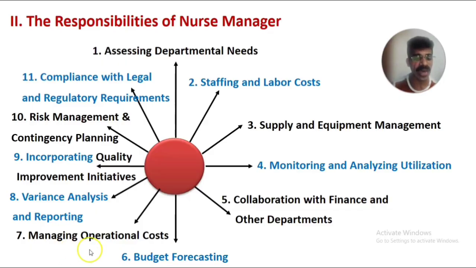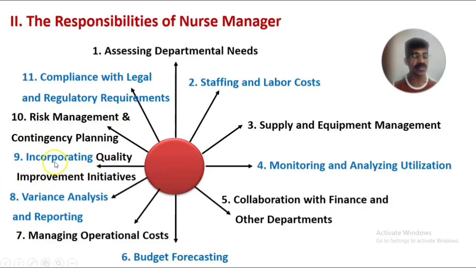Seventh is managing operational cost, that is, the functional cost or expenditure of the department, wards, or hospital. Eighth is variance analysis and reporting: if there are any changes between the proposed budget and the actual budget, analyzing the factors of the variance and reporting to the finance department or the higher authority of the hospital.